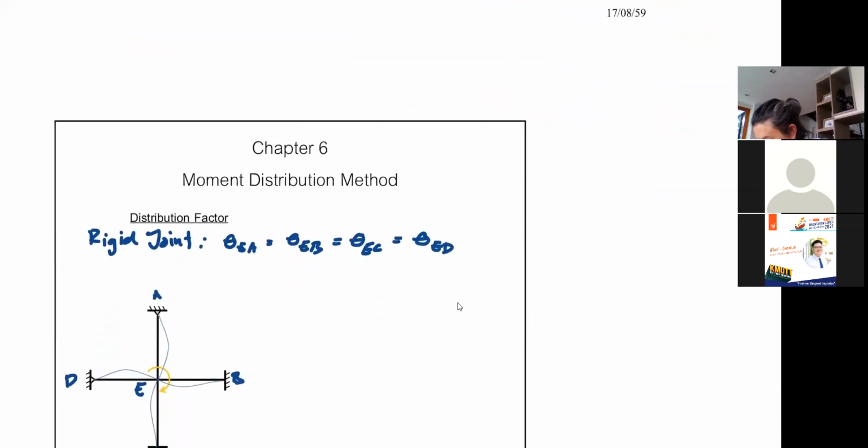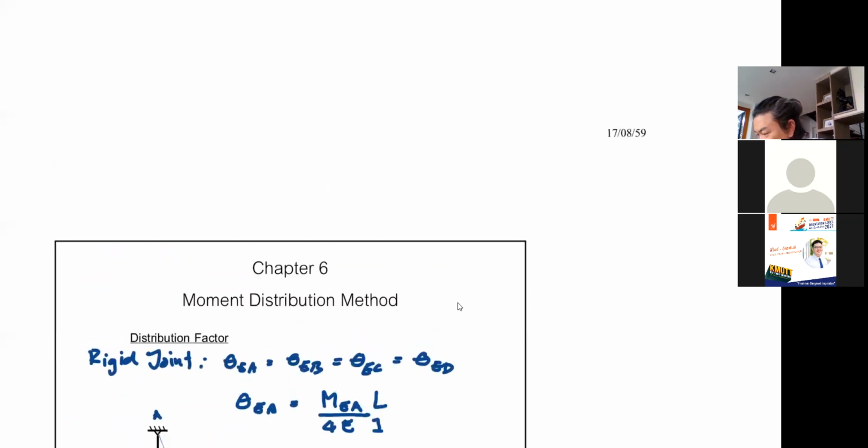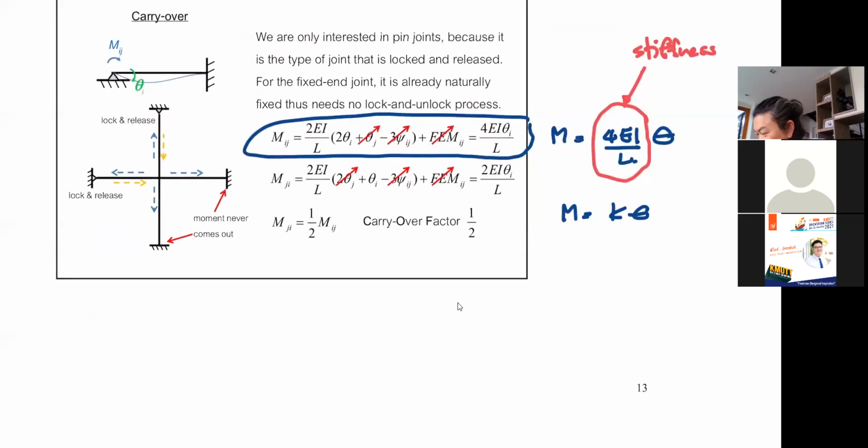So from here, I can write that zeta EA is going to be equal to MEA times L over 4EI, right? If I write in terms of rotation, just a little bit of manipulation: move L and 4EI to the opposite side.